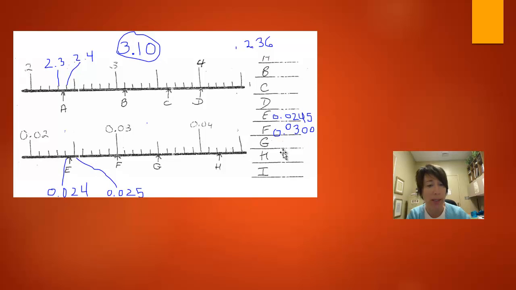So to correctly record the data for F, 0.0300. So when you are recording data, the last digit is the uncertain digit. And if a measurement is taken right on a tick mark, you have to be sure that your measurement has enough zeros after what you are reading so that it reflects the precision of the device.